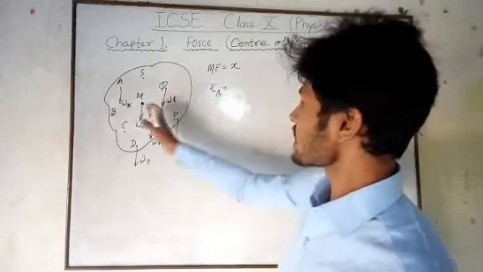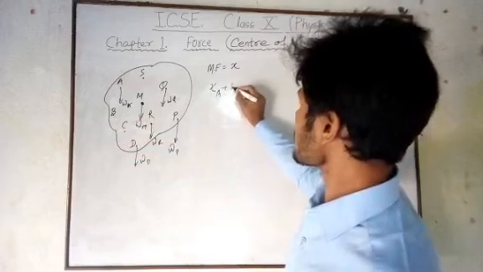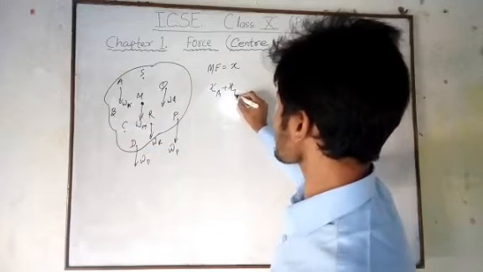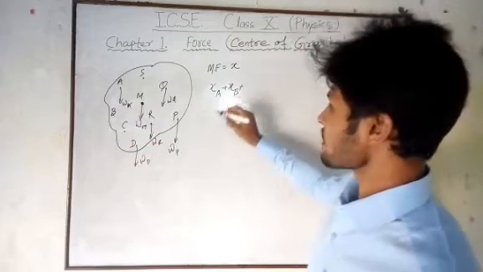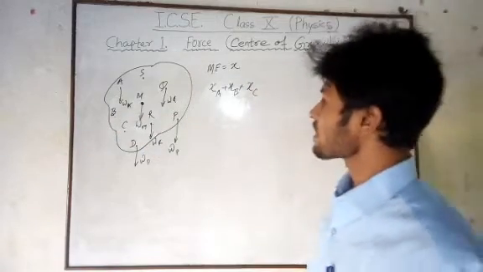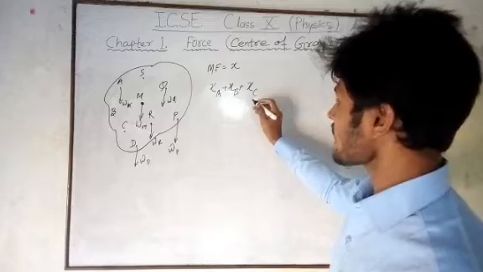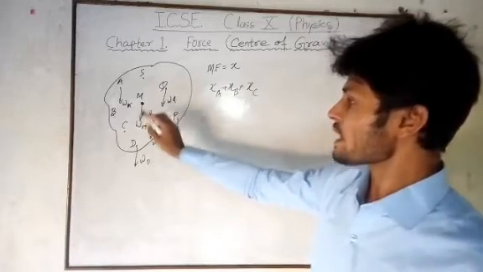On the left side of M, the point B, XB is also an anti-clockwise moment. C is also on the left side, so XC is also an anti-clockwise moment. These anti-clockwise moments are added about the axis through the point M.